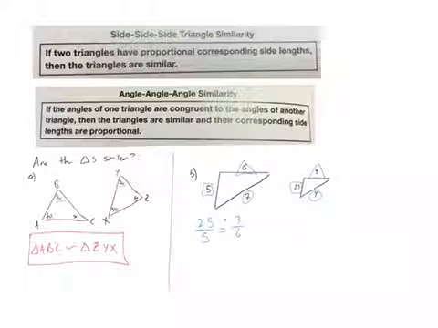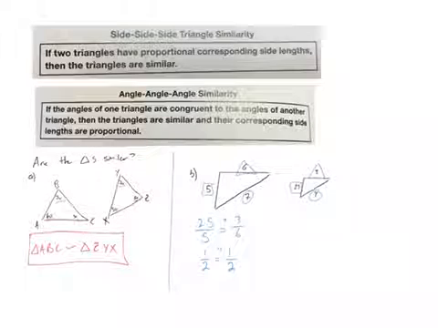Well, 2.5 goes into 5 2 times, so this is going to be 1 over 2. Is that equal to 3 goes into 3 1 time, into 6 2 times? So yes, so far so good. It seems like those are proportional, and I would say yes, that they're similar.